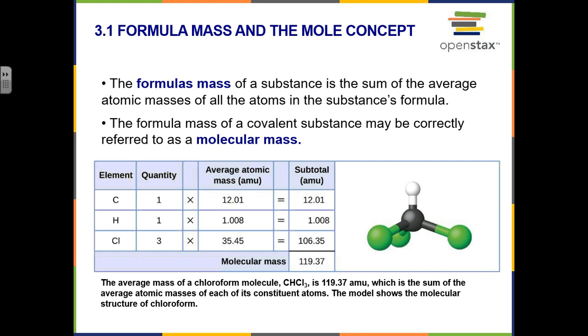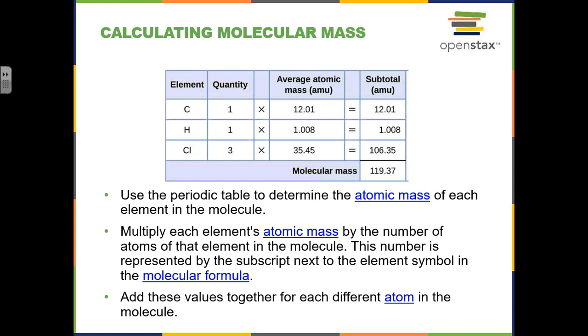Using that value, you multiply the quantity and the average atomic mass, and it gives you a subtotal, which you then add to find the sum total of all 3 values. In this particular instance, the molecular mass of this compound is 119.37. And that's the molecular mass. To reiterate, you definitely need a periodic table to do this.